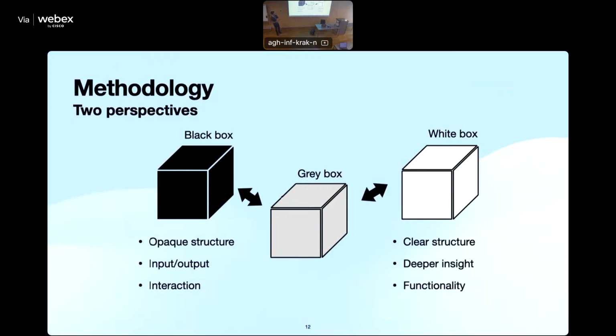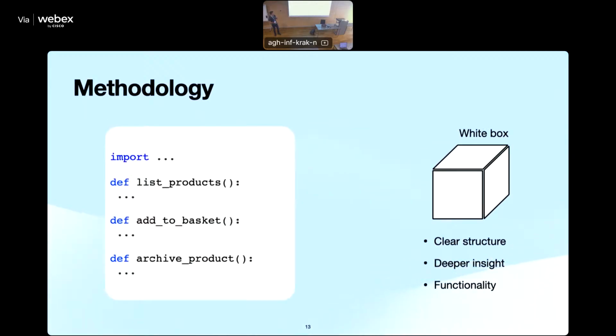And there is also white box, where you have a clear structure and you are interested more in the functionality. And finally, there are different gray box approaches, where you might have some understanding of some parts of the system, but not all.